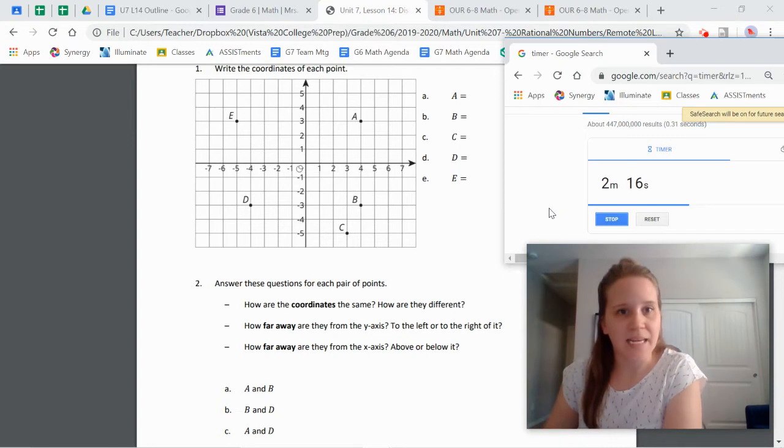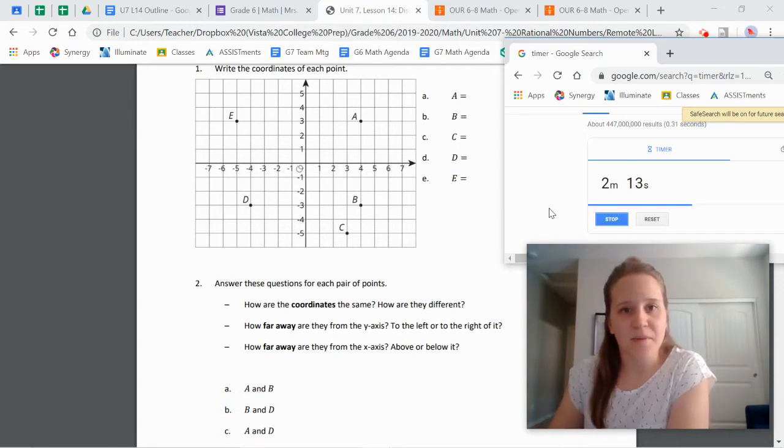So we are about a minute in. You should be wrapping up your labels in about the next 1 minute. So if it's taking you too long to label on the computer, that's okay. You can label it on your paper.